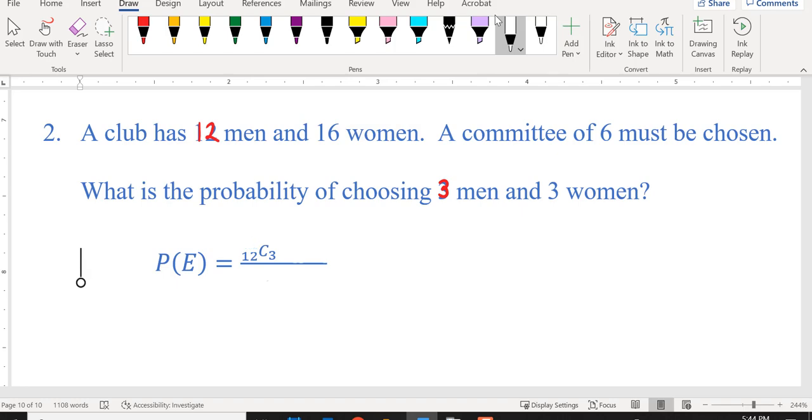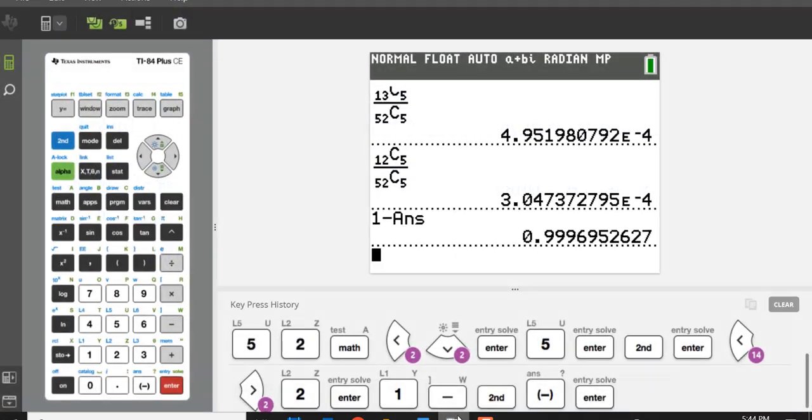All right, how do you choose 3 women from 16 women? It's the combination of 16, pick 3. Now, how many ways can we get a committee of 6 people from all those men and women? There's 28 people to choose from, and you have to pick 6. So that's a combination of 28, pick 6. So here we go.